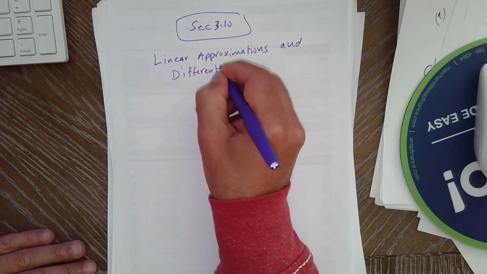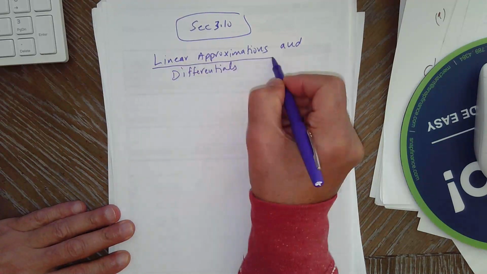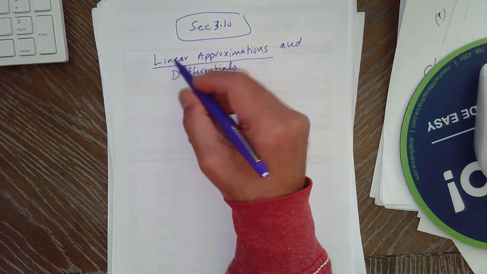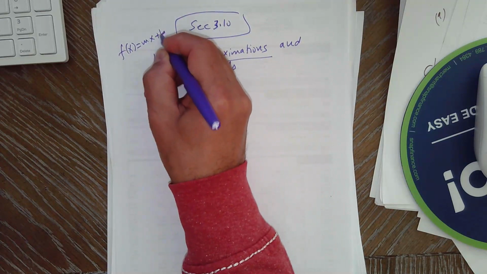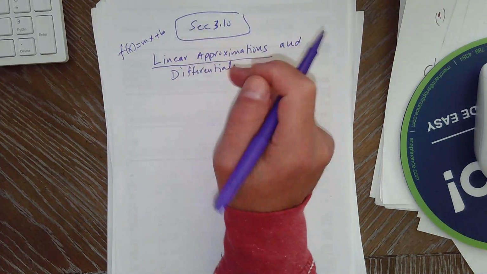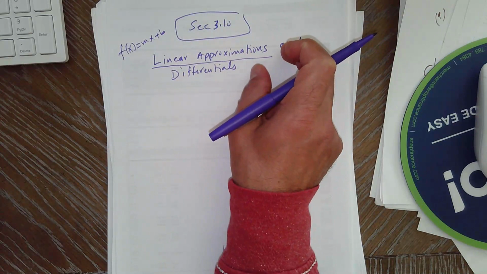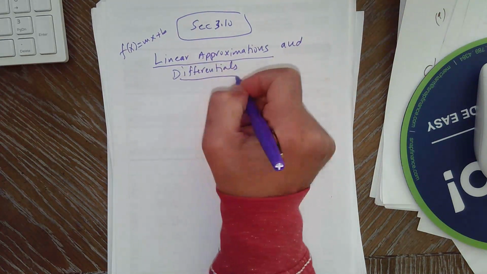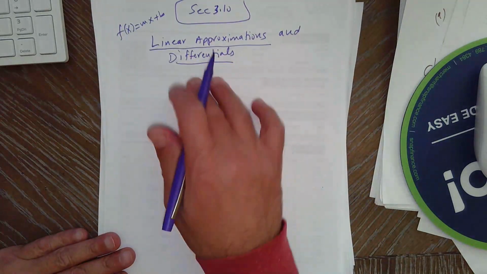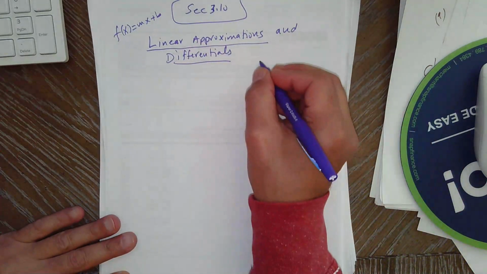So basically, we're going to talk about using linear functions. Remember, linear is f of x equals mx plus b. So how do we use a linear function to approximate curves? Because it's easier to deal with linear than curves. And then we're going to discuss differentials and how these two are interconnected.